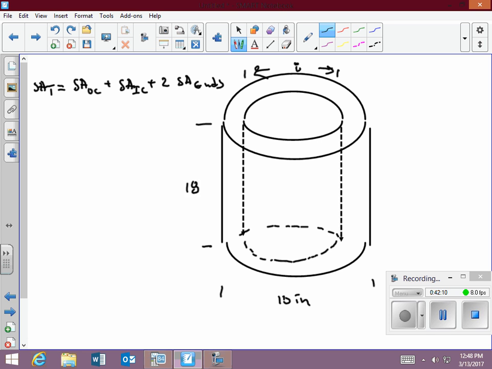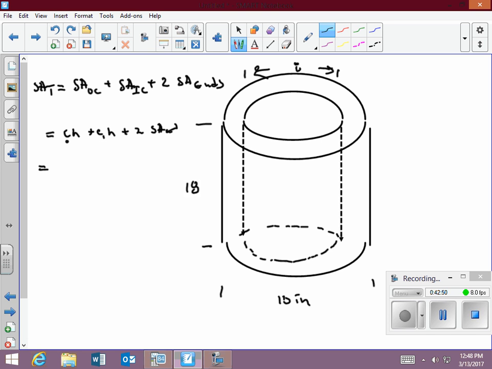And those ends are going to be the area of the larger circle minus the area of the inside circle. The surface area of the outside is the circumference times the height, and then the circumference of the inside times the height, plus 2 times the surface area of the ends.